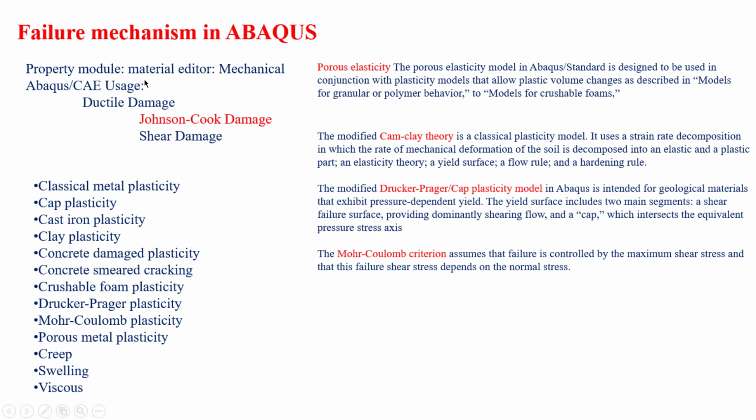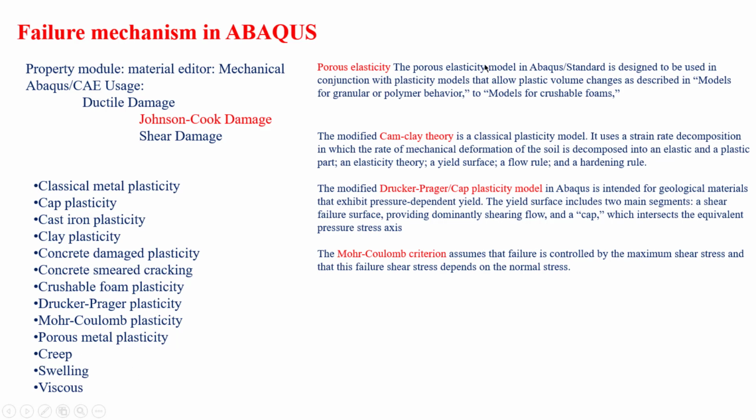Now when it comes to Abaqus, when you are going to deal with ductile damage, we have the Johnson Cook damage model. For brittle materials and all, we have the cast iron plasticity model directly, and the clay plasticity model. CDP, that is concrete damaged plasticity. Again we have the Drucker-Prager, Mohr-Coulomb plasticity model, porous metal plasticity, creep, swelling, viscous. All these things would be there.